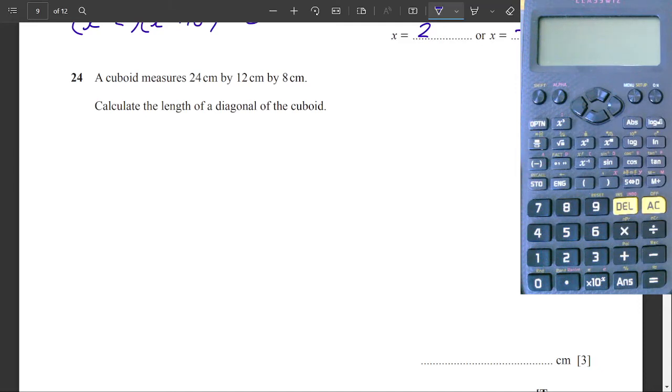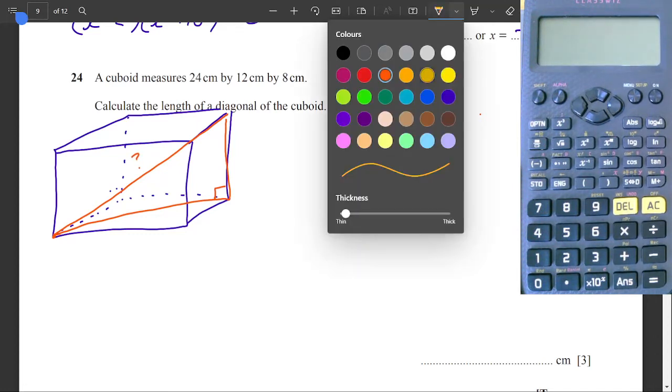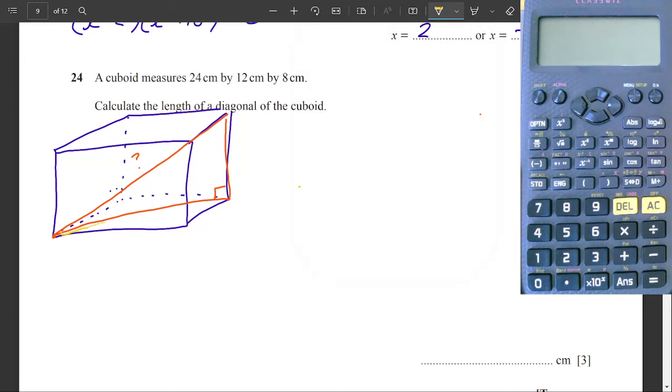Why do I say that? Well, if we had a cuboid and we want to know the diagonal, which goes from one corner to the other, we would have had to divide it into a triangle going like that, and maybe another triangle at the base here.